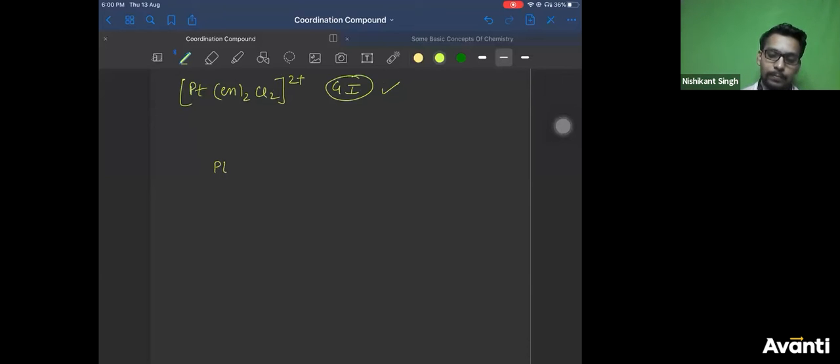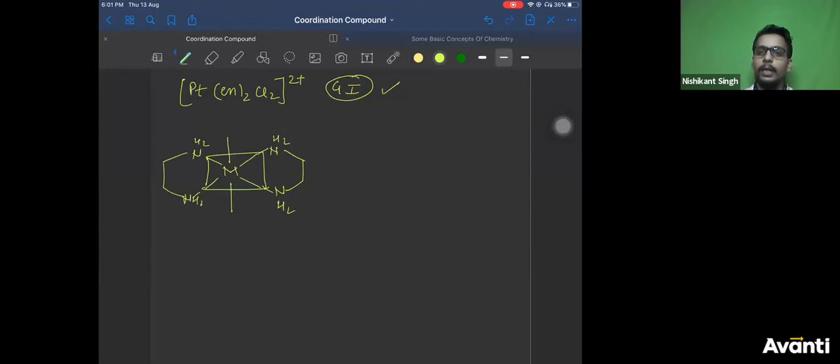If I take platinum, first I will draw the octahedral. So the first octahedral which I draw here is this, right? So ethylene diamine, let me draw NN, CH2 CH2. NH2, NH2, CH2, CH2, right? Both the Cl are kept 180 degrees to each other.